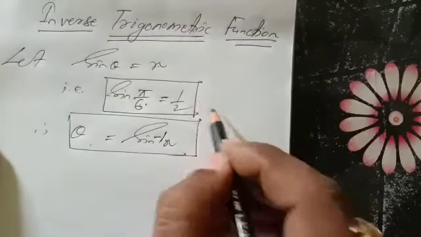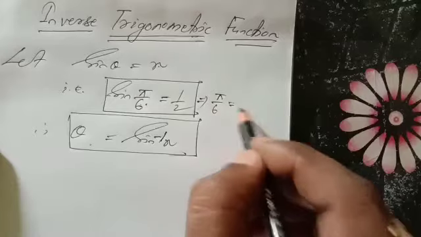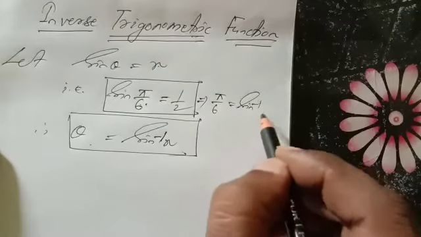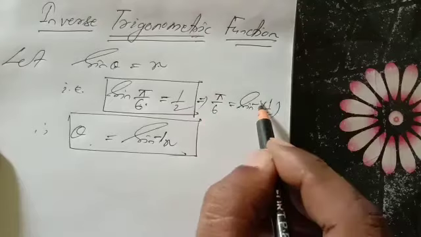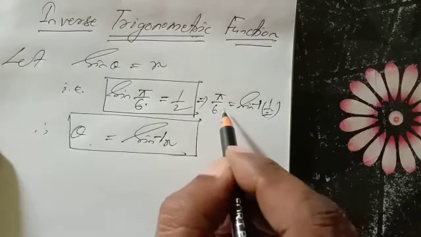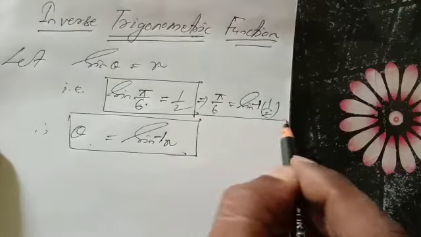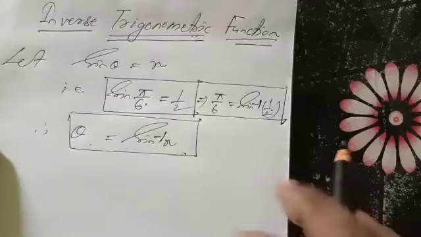Same process. Here you can write pi by 6 is equal to sine inverse 1 by 2. That means sine inverse 1 by 2 equal to how much? Sine inverse 1 by 2 means for which angle the value given will be 1 by 2, no? 30 degree, and pi by 6. This is the way trigonometric function and inverse trigonometric function are related to each other.